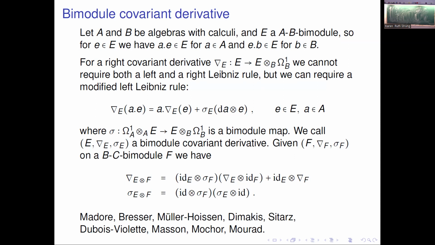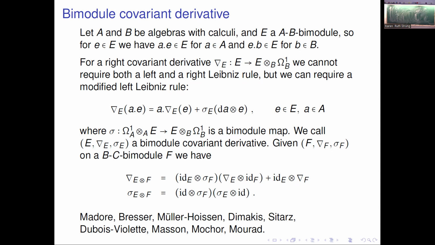So, right, well, if we at least temporarily fix right covariant derivatives, we then ask for a modified left Leibniz rule, as you've seen before. But as it appears, sigma halfway down, you see it goes from A omega 1A tensor E to E tensor omega 1B. So it's going to mix up the differential calculi.